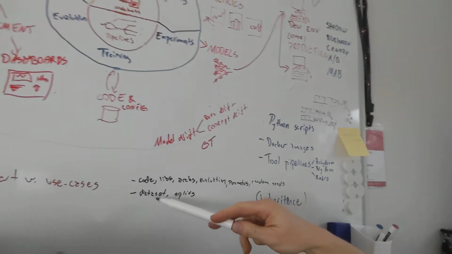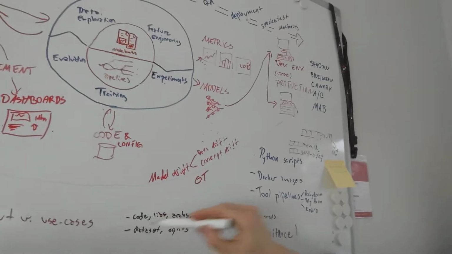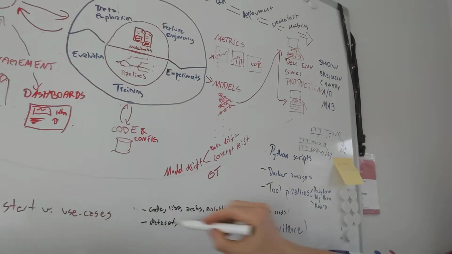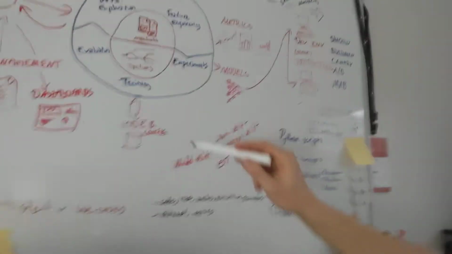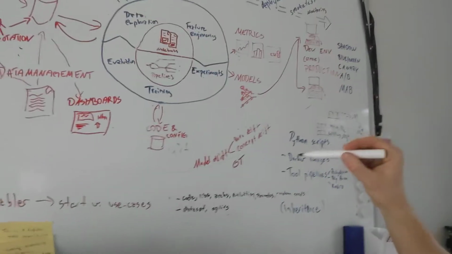And we also need to know exactly what data went into the model. So all these things, and possibly the data splits too, could go into the code version control, for example with Git.